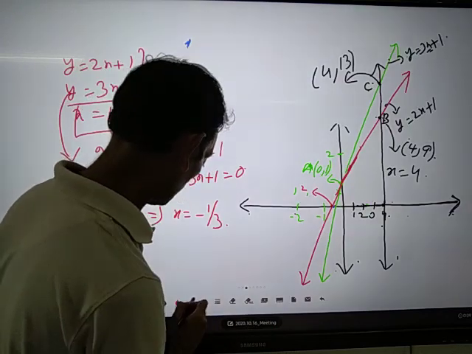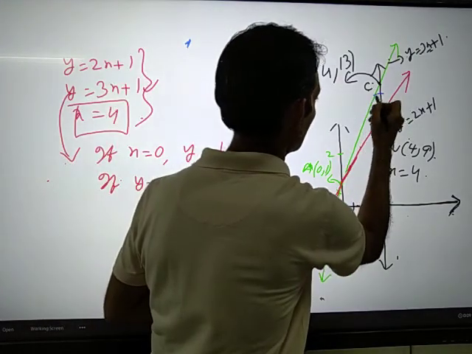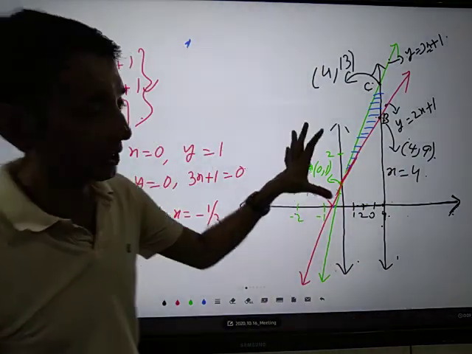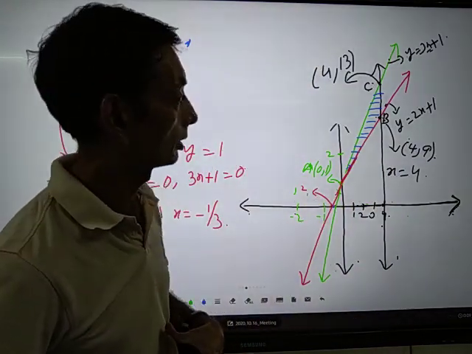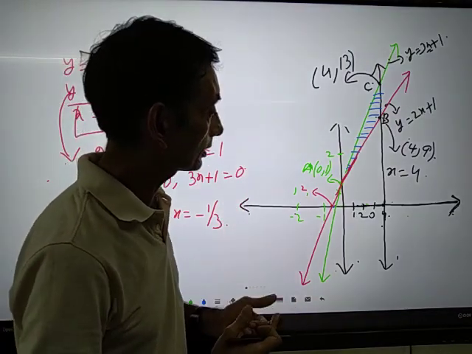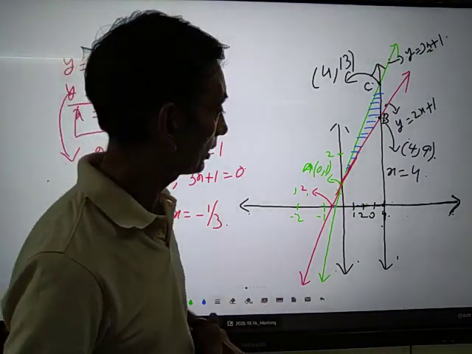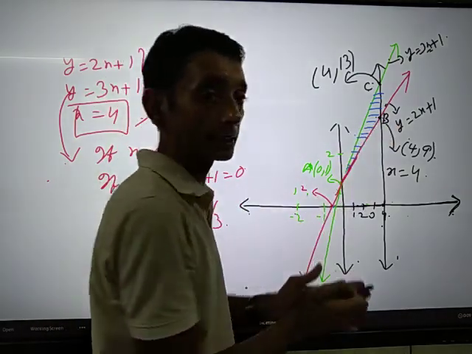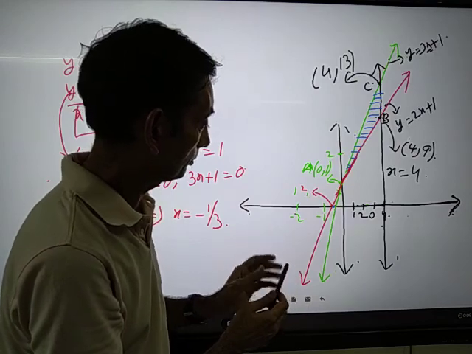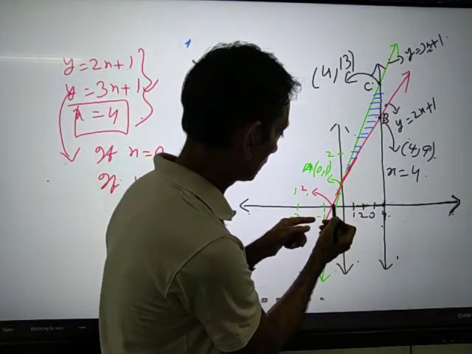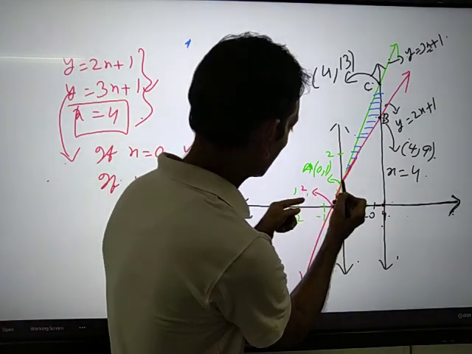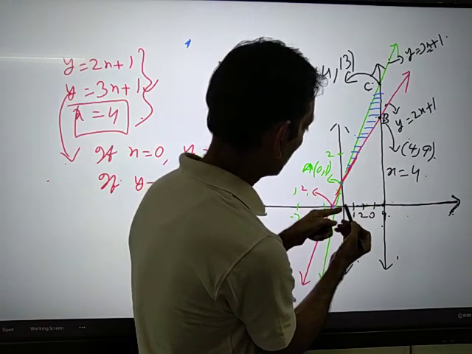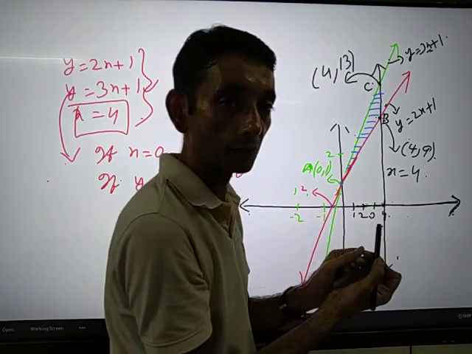Now we're just going to find the area of the triangular region. I should mention one point: while determining the area bounded by the three lines, we'll integrate from this point, that is, from 0 to 4.